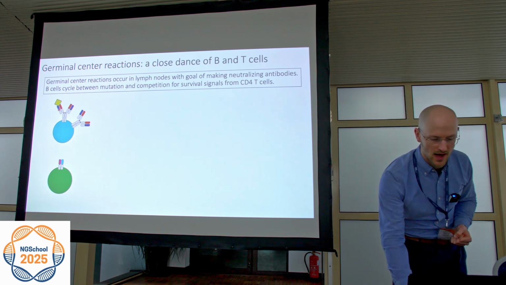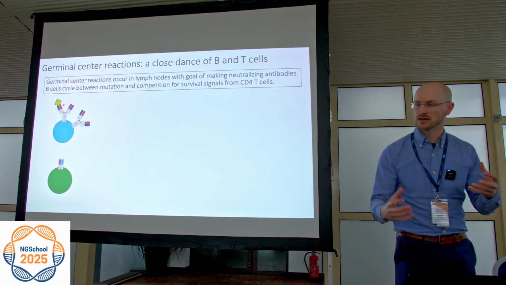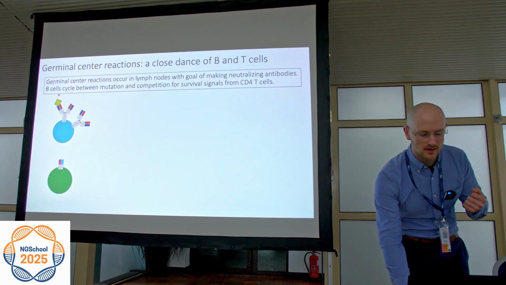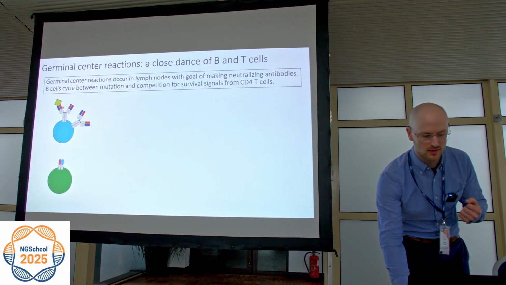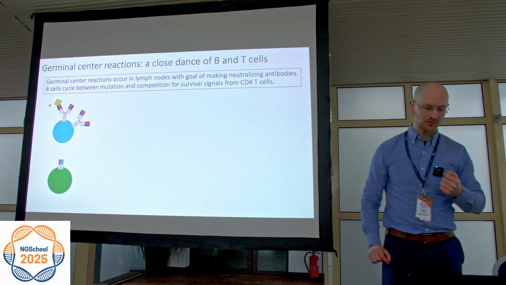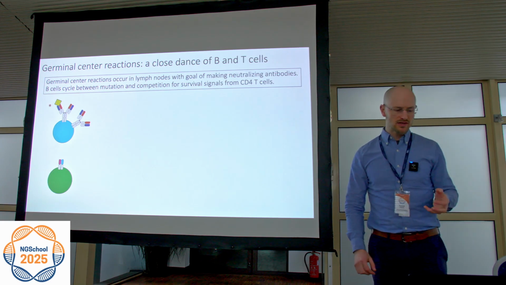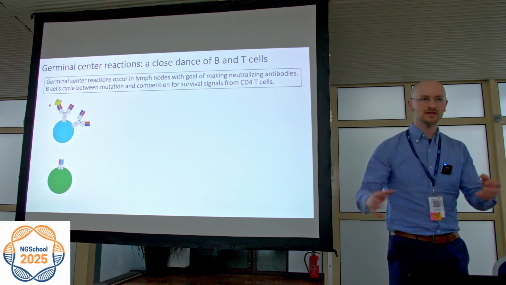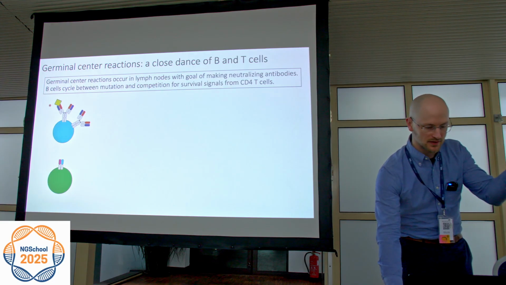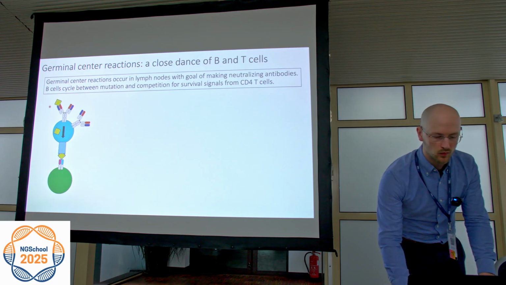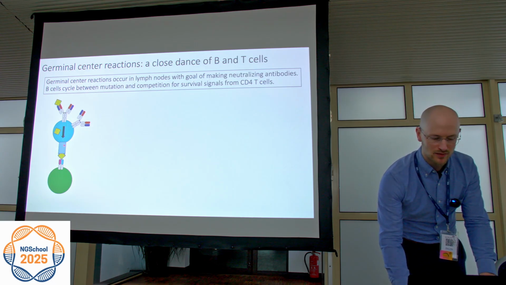So let's say you have a virus that is infecting you, and it is coded in this yellow square antigen or yellow diamond antigen. So if we have a B cell that binds to that antigen, say this is a naive B cell, it doesn't bind very well, but enough to capture it, it will digest this antigen and present it via MHC II to a CD4 T cell.